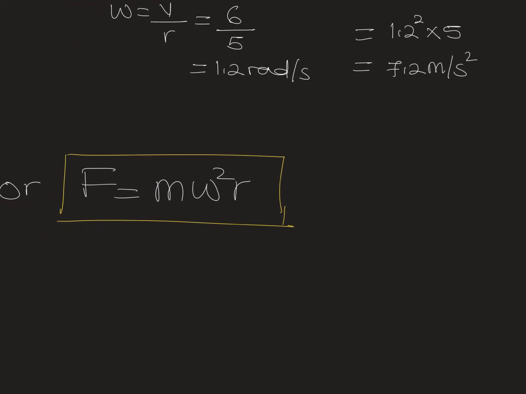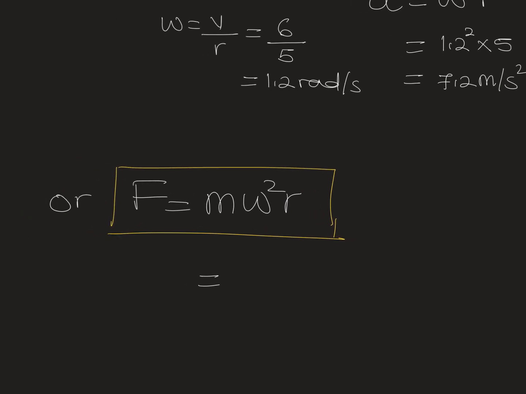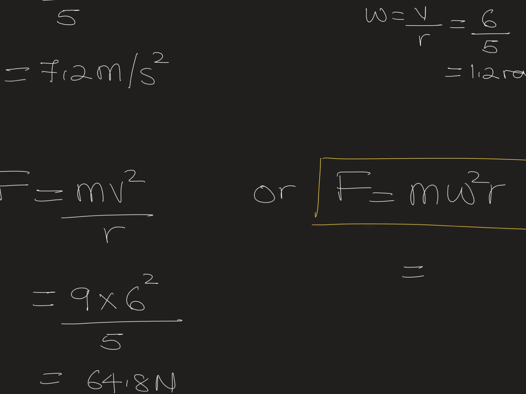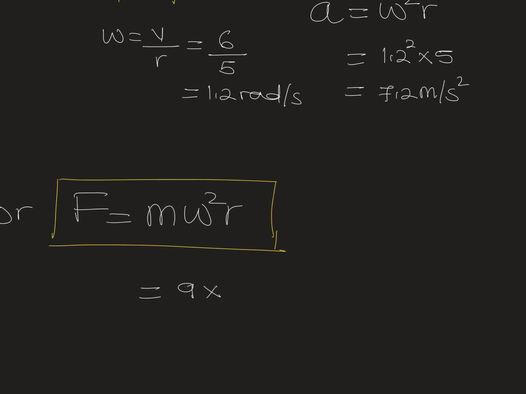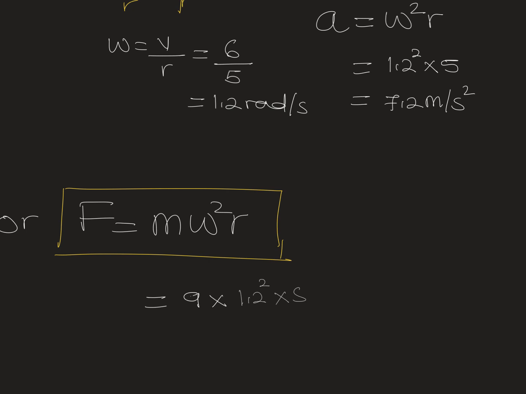If we want to use F is equal to m omega squared r to find the centripetal force, the mass given in the question is 9 kilograms, multiplied by the angular velocity we calculated as 1.2, squared, times the radius 5. 9 times 1.2 squared times 5 is 64.8 newtons.